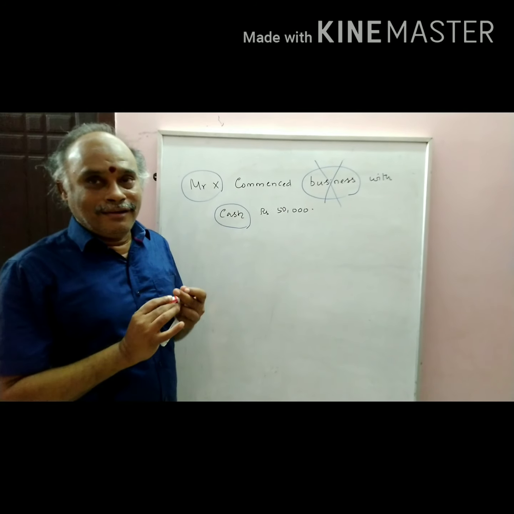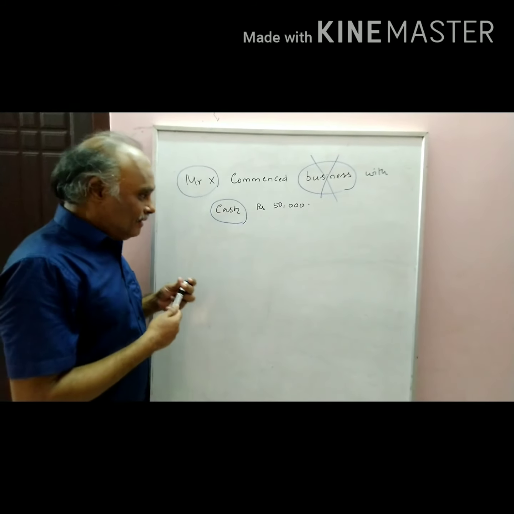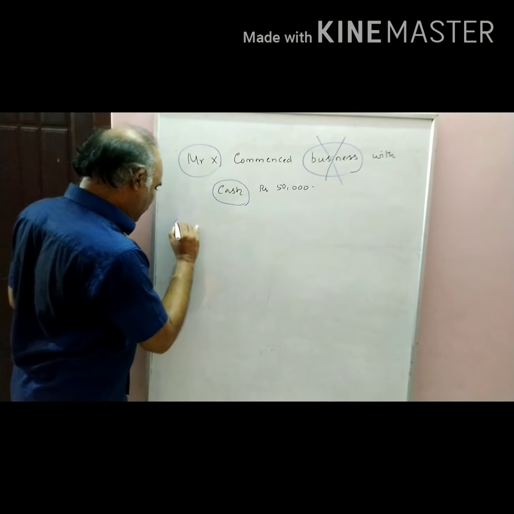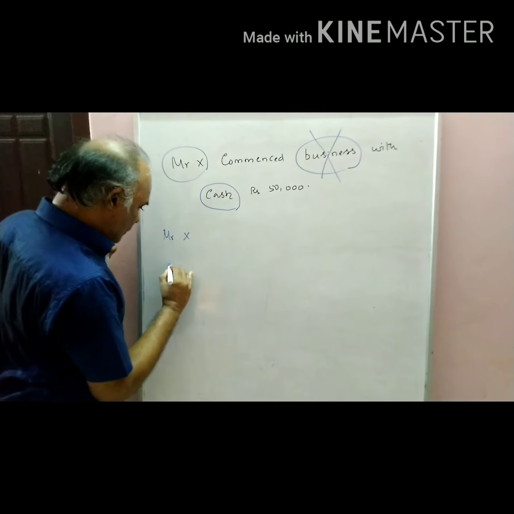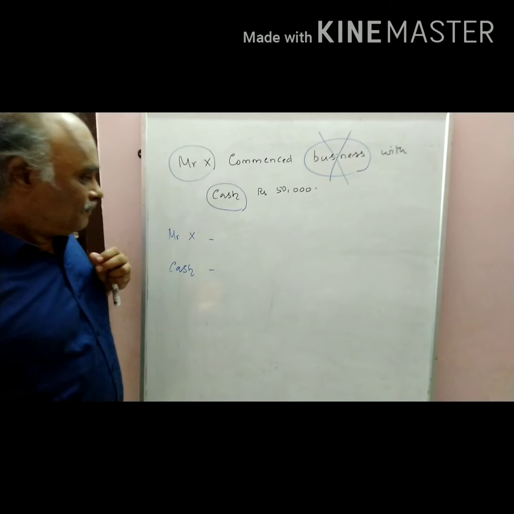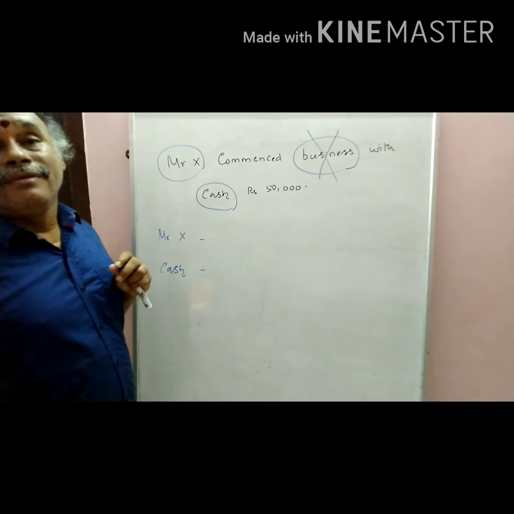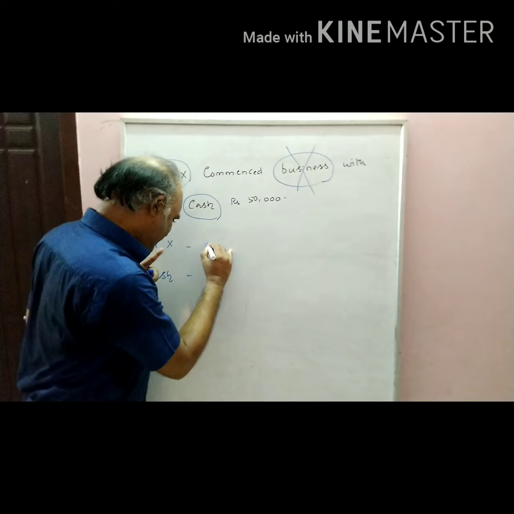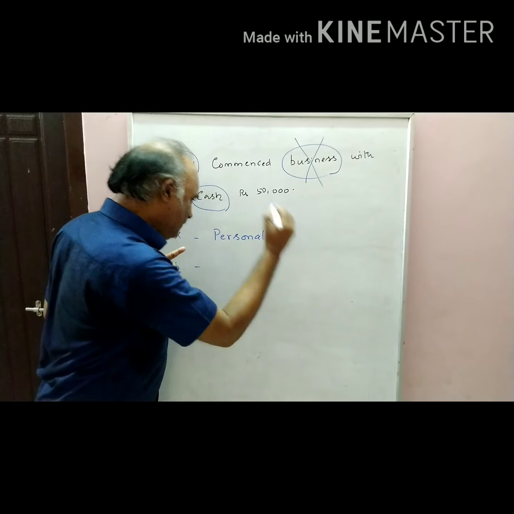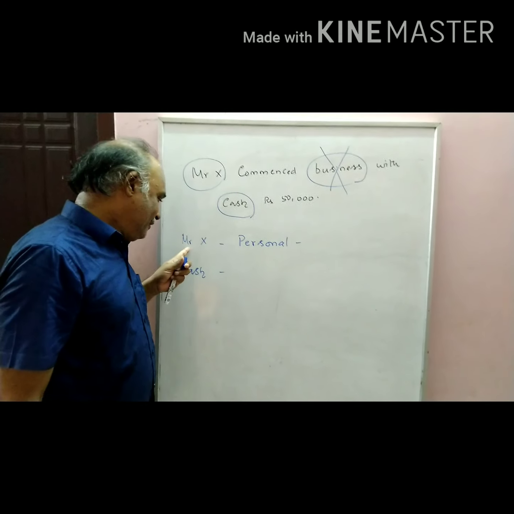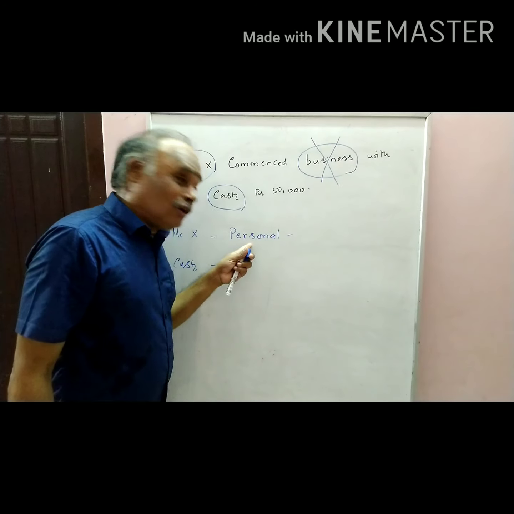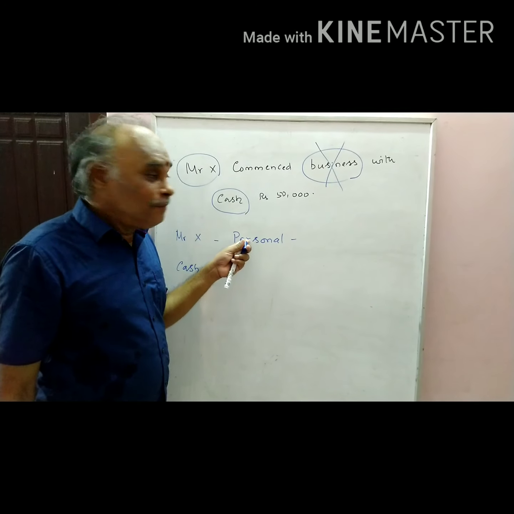Now let us understand how we bifurcate and do this. Mr. X is one noun, and another noun is cash. Please understand. When I say Mr. X, X name, he belongs to personal account. First I will write the respective account name, and to which account they belong I write it next.